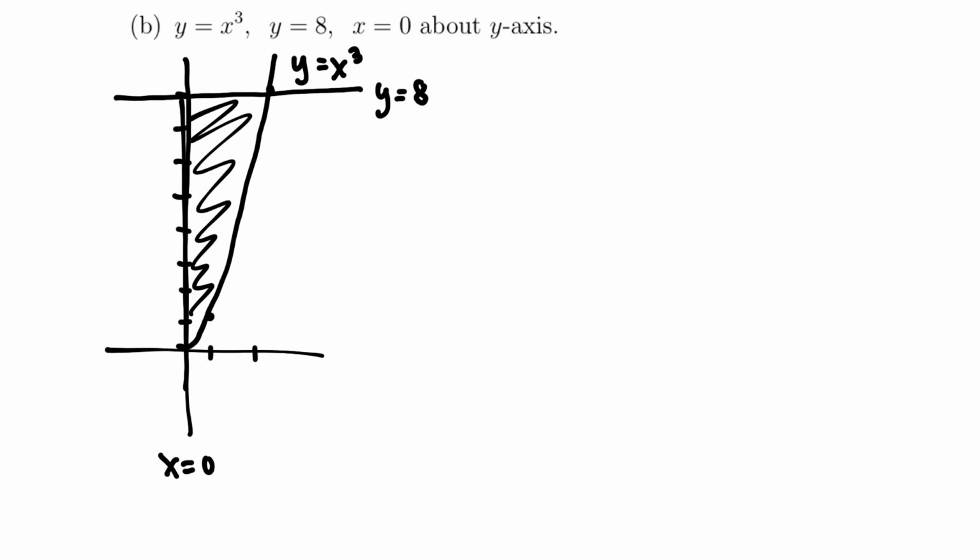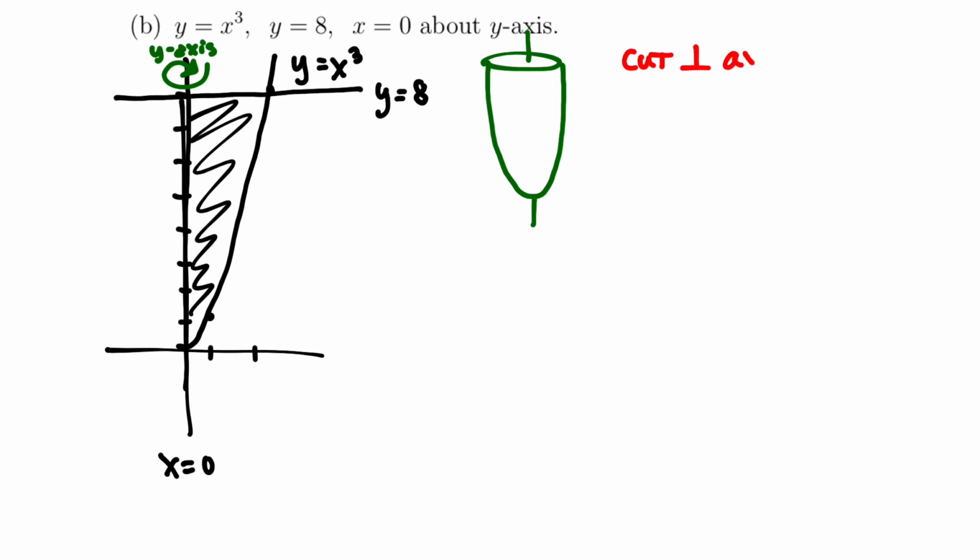It's kind of like what we did, because it's going to give us a similar shape, unfortunately, but that's okay. As I swoop around the y-axis, I'm getting this long bowl kind of shape. When I cut, for this method, we will be cutting parallel to an axis pretty soon, but for now, I'm cutting perpendicular to my axis of rotation.